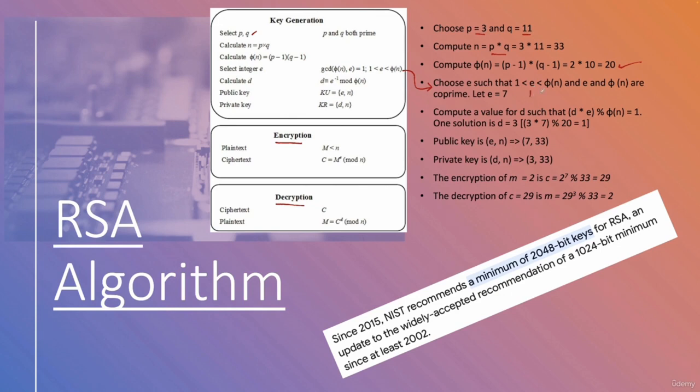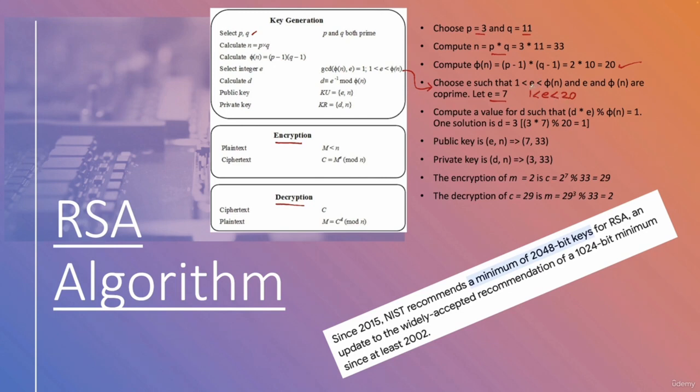Phi of n is 20, so we choose a value of e between 1 and 20, and it should satisfy GCD of phi of n and e equal to 1. What we are saying is that e and phi n are co-prime. So let's say we choose e is equal to 7, because 7 comes in between 1 and 20.